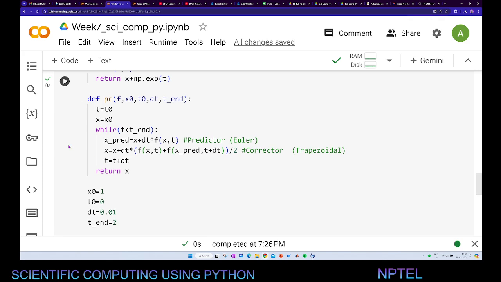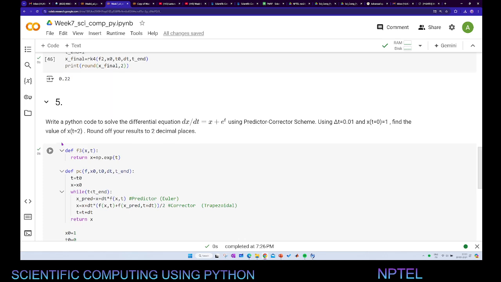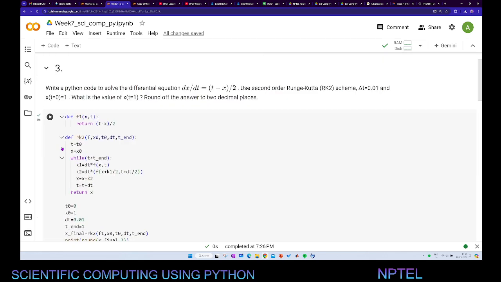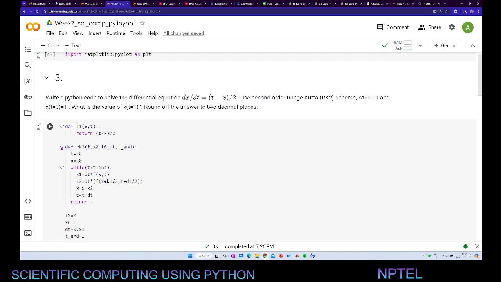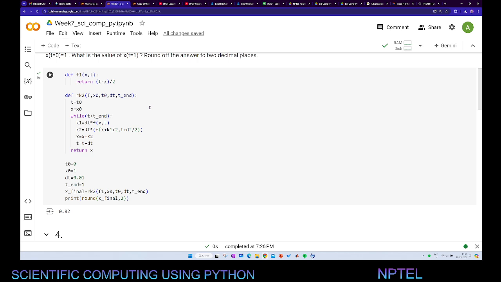Okay, so any questions in this section? Okay, so basically we are done. Now the last point that I want to do is, if you want to verify, if you are not very confident, like I am not very confident, then I would try to solve it and see if the solution matches.